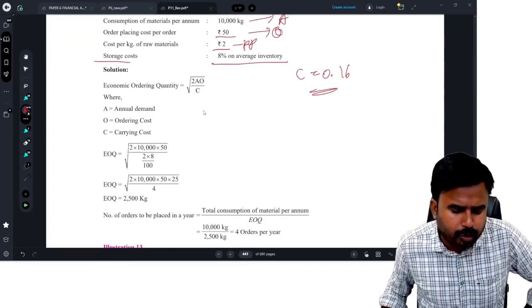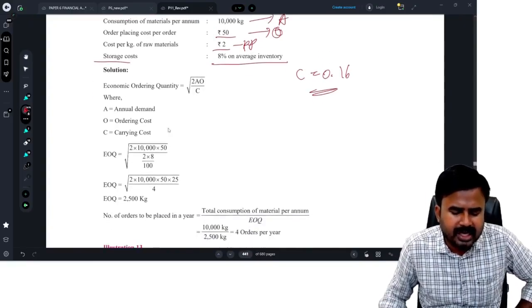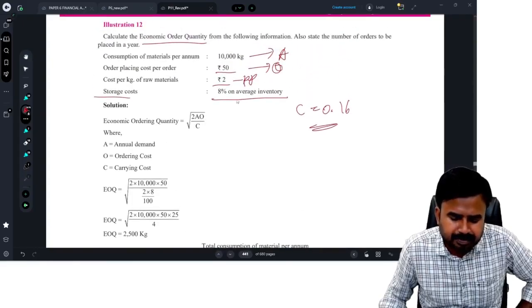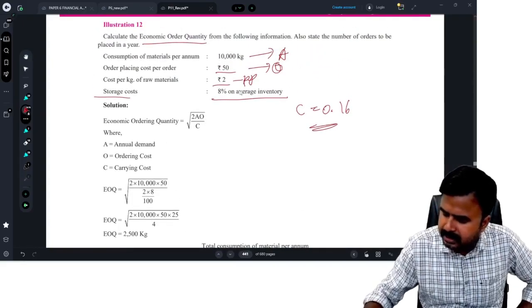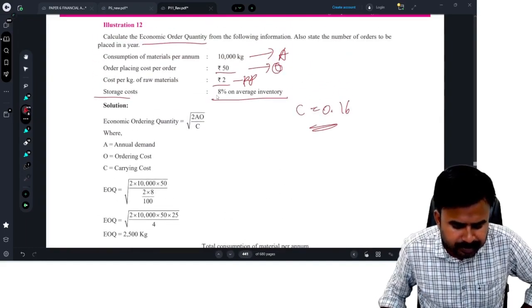So here is the formula. EOQ is equal to square root of 2AO by C. Square root of 2 into annual raw material requirement 10,000 cases into cost per order 50 divided by C, 2 into 8%.